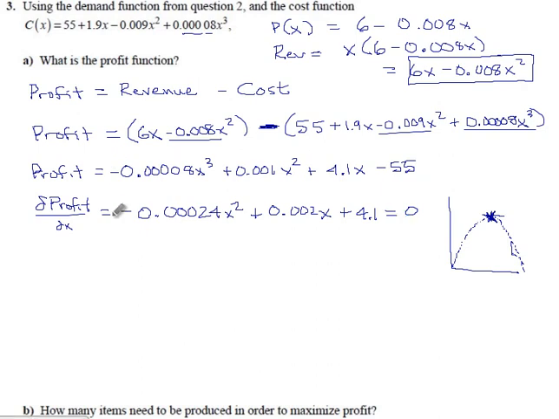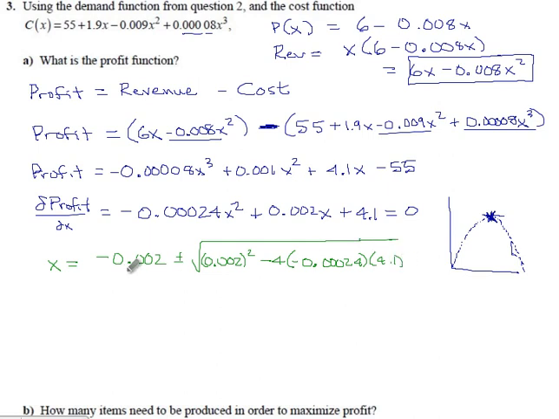But because we're hardcore, let's do it with the quadratic formula. x is minus b plus or minus root b squared minus 4 times a times c, all over 2 times a.